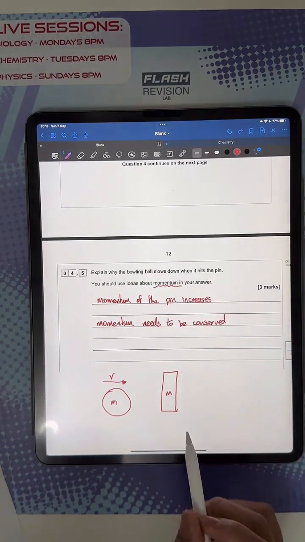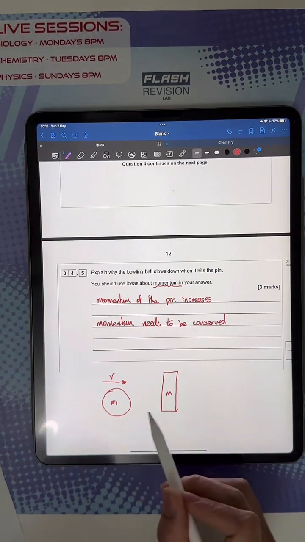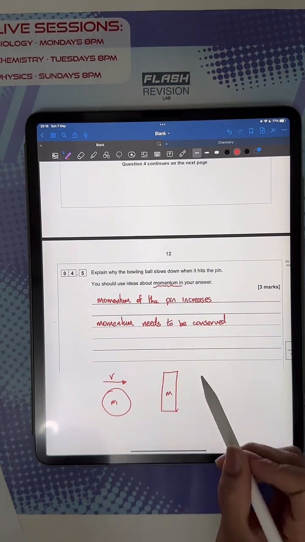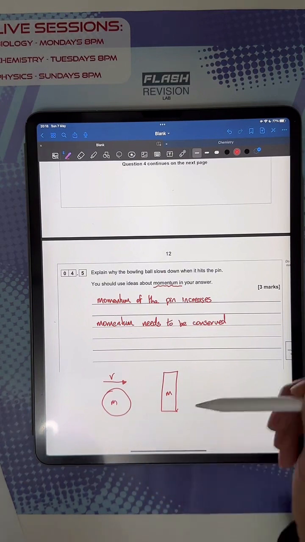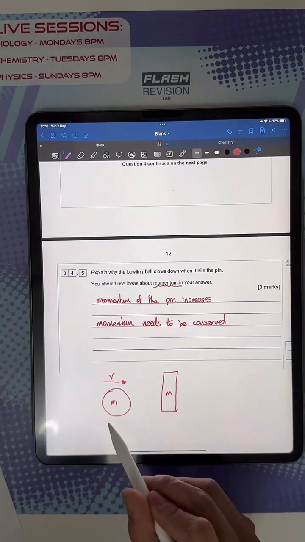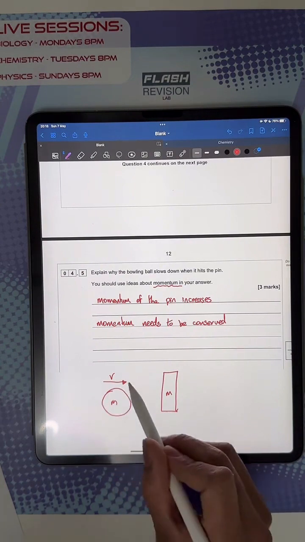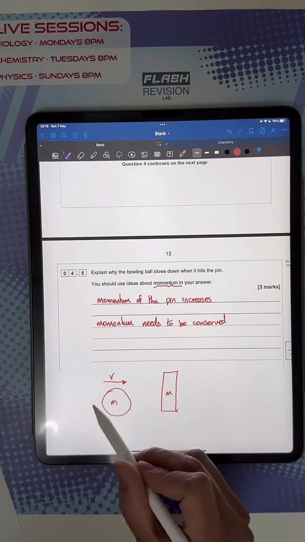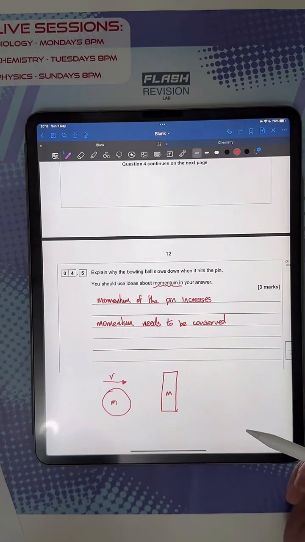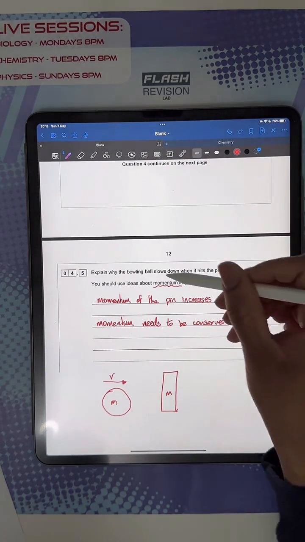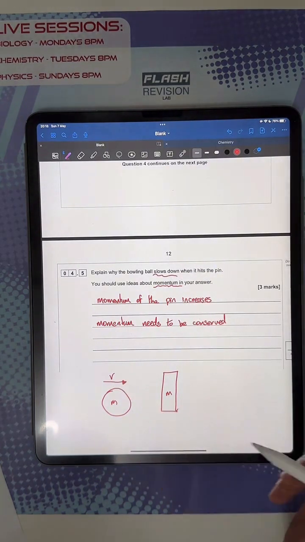So think about that. If momentum needs to be conserved, and the momentum of the pin increases, that means the momentum of the ball needs to decrease. So in other words, it's giving its momentum to the pin. So that means the bowling ball is going to get less momentum, and in other words, it's going to slow down. It's going to have a lower velocity.